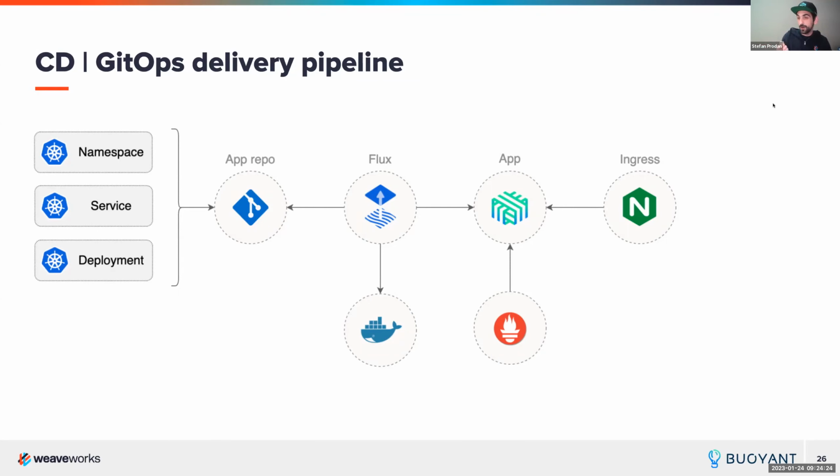If you change the deployment, let's say you do a release of your app and you build a new container, Flux can monitor your container registry, see that, okay, there is a new app version to be deployed. And what Flux does, it goes to the repo and commits the change. It changes for you the deployment YAML and sets there the new version. Then Flux pulls the change inside the cluster and applies the app.